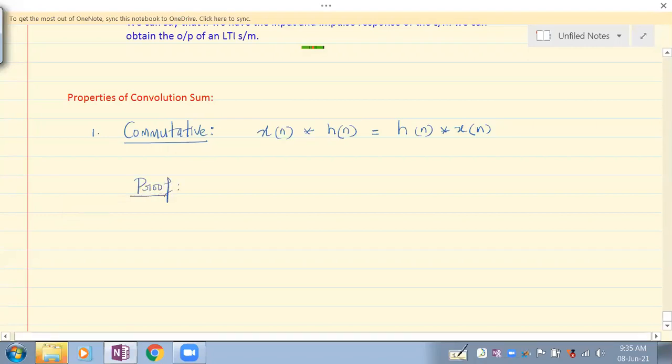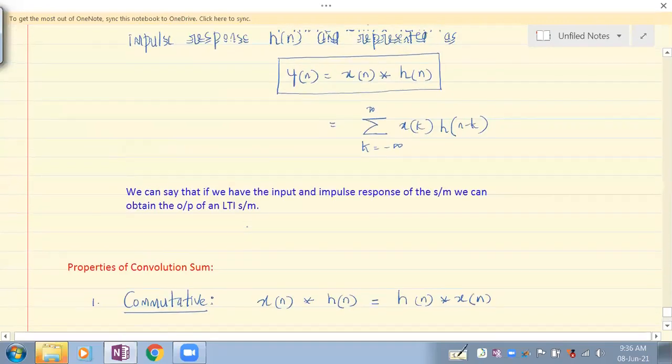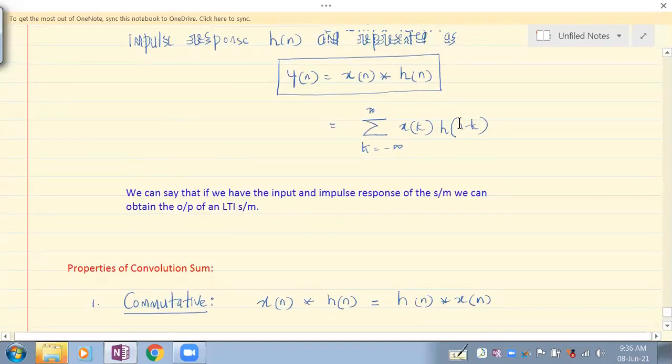And for the proof, let's select the LHS to begin with. So what is the LHS? It's x of n convolution sum h of n. Right? And what is this given by? You need to be really good with this particular equation now, because every now and then you'll be making use of it.